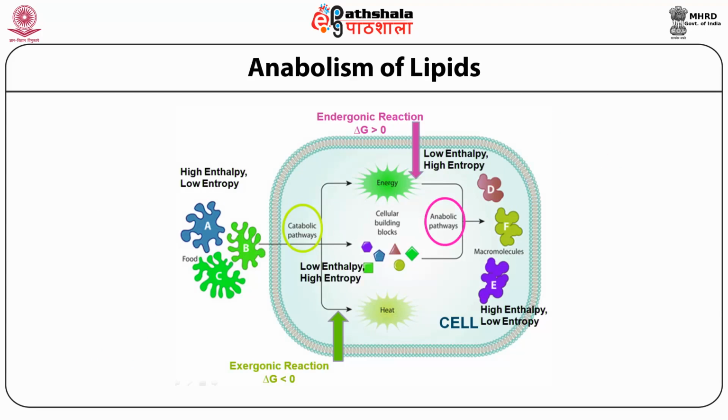In this diagrammatic representation, it shows how enthalpy and entropy play an important role in the anabolic as well as catabolic pathway. There are two types of reactions going on: an exergonic reaction where delta G is always less than 0, and endergonic reactions where delta G is always more than 0.